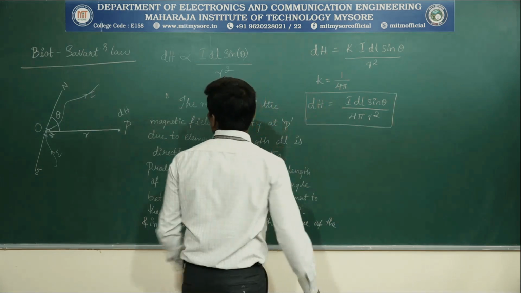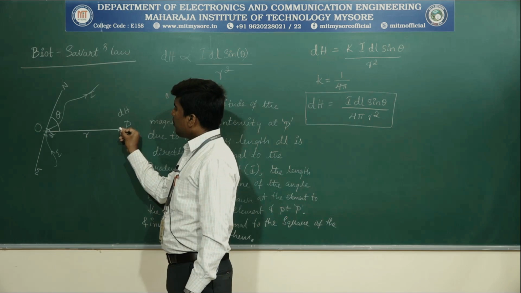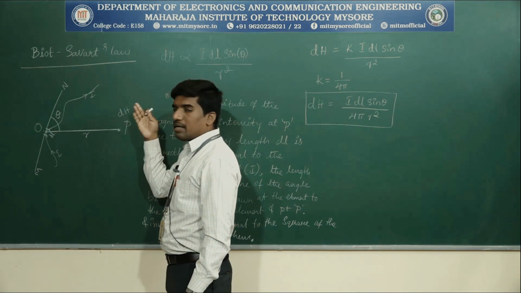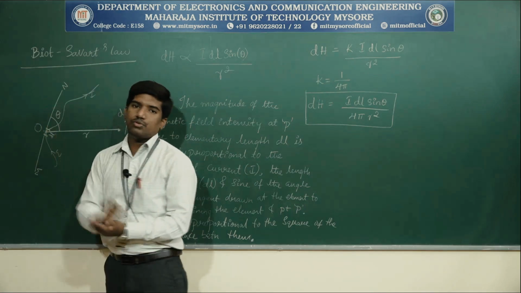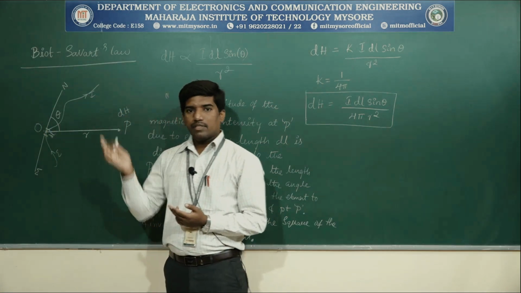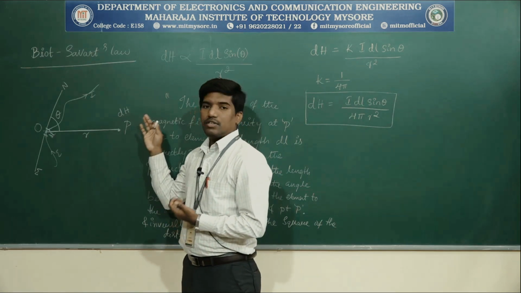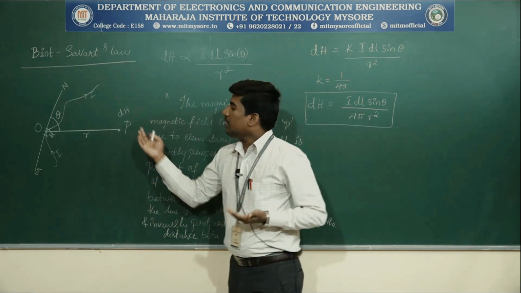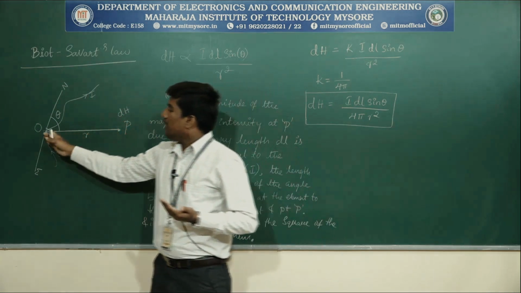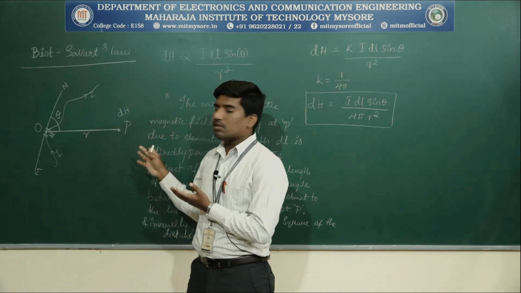We know that the magnetic field intensity at point P is perpendicular to the plane of this element chosen. We have discussed already in case of electric field intensity, right? Electric field intensity and flux density always comes normal to the plane of the element we have chosen. Here also the same assumption holds good.